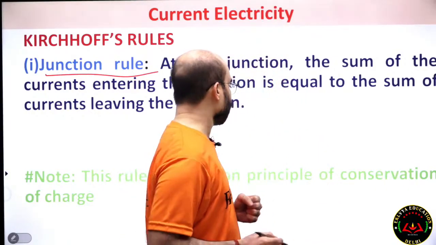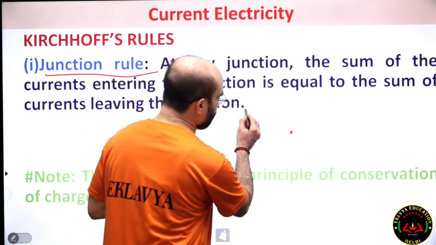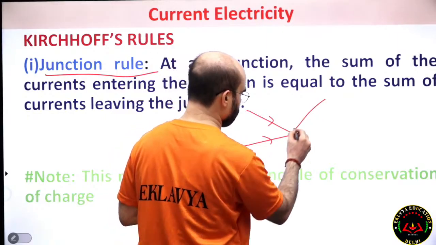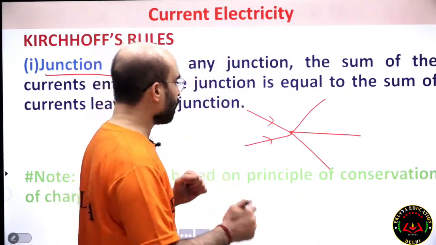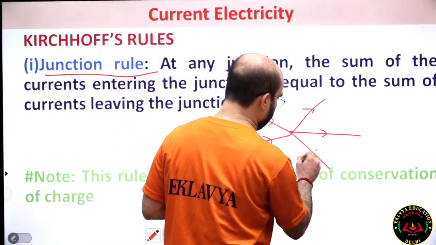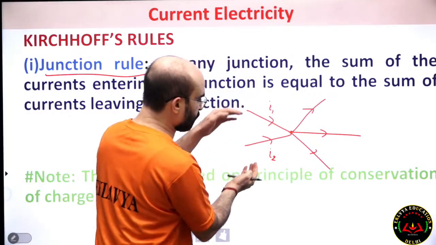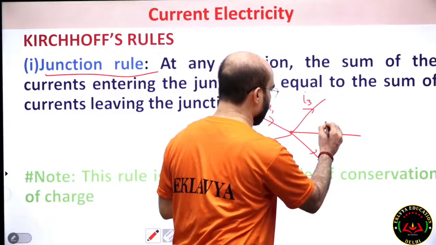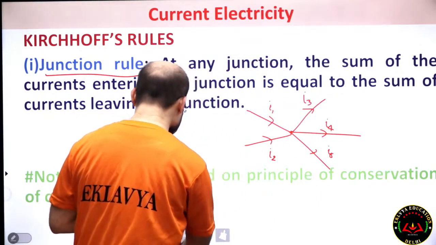So very quickly, if we try to understand, this is our junction, and multiple wires are joined at this junction. I have taken 5 here. I1 and I2 are entering the junction, and then these 3, I3, I4 and I5, are leaving the junction.